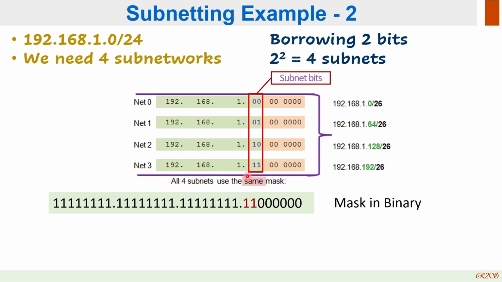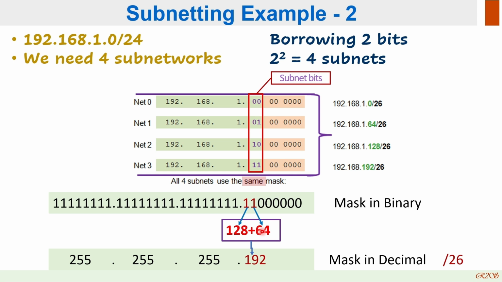The mask for the new subnetwork is, first 3 bytes are 255. Then we borrow 2 more bits, so these 2 more bits should be again 1. So 1 and 1. If both of them are 1, this is 128 and this is 64.